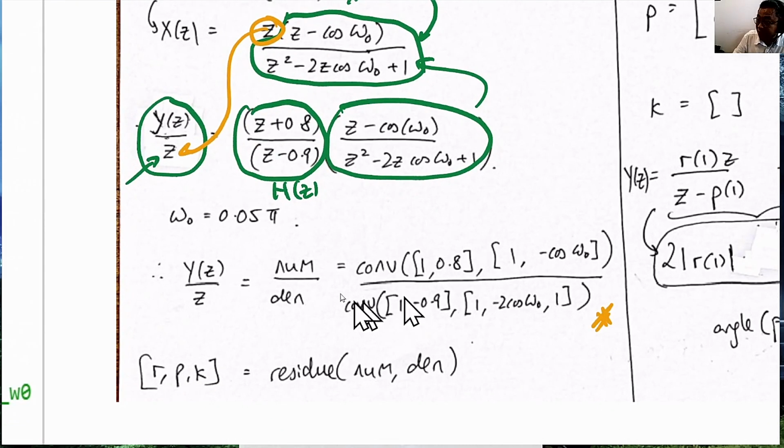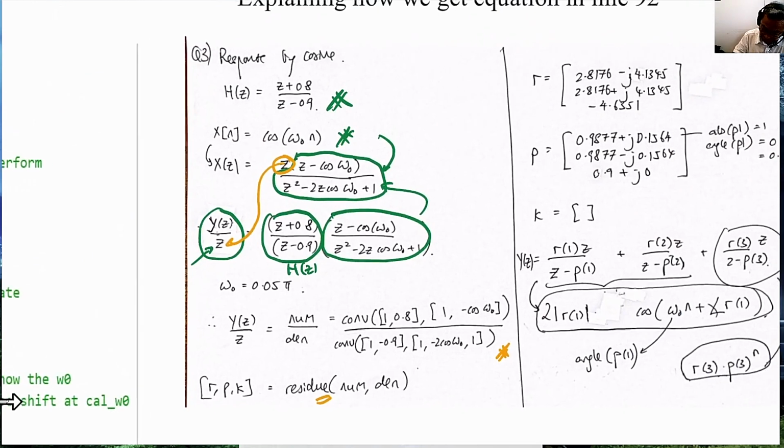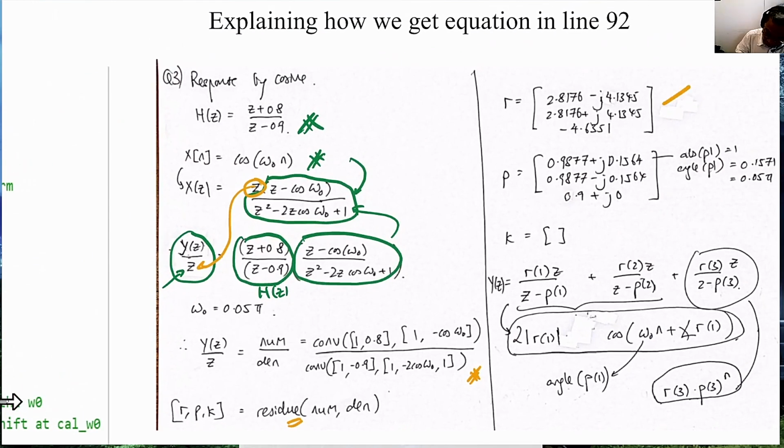You have to solve it by hand, of course, for the exams, but again I'm using residue and not residuez, because I am expressing this Y(z) over z as positive powers of z. I get my RPK. This is my R, this is my P, and K is 0. There's no value in K.